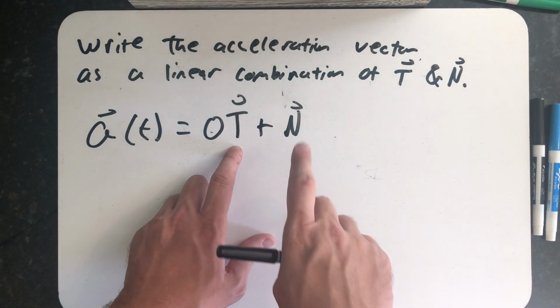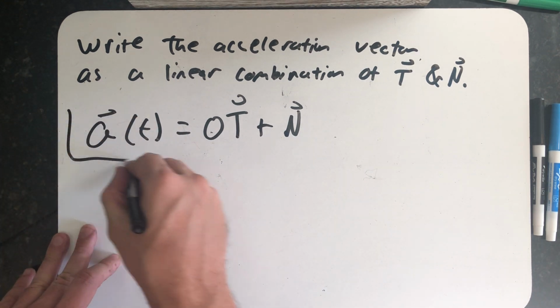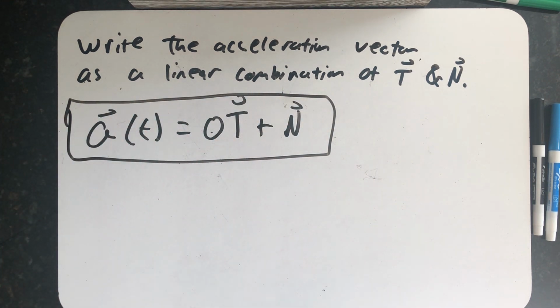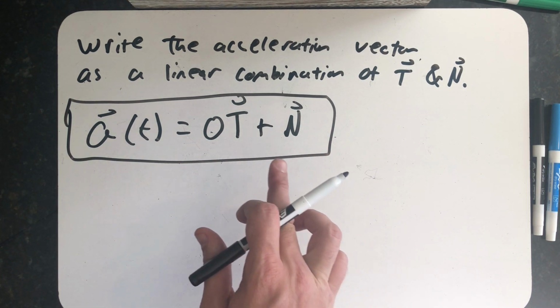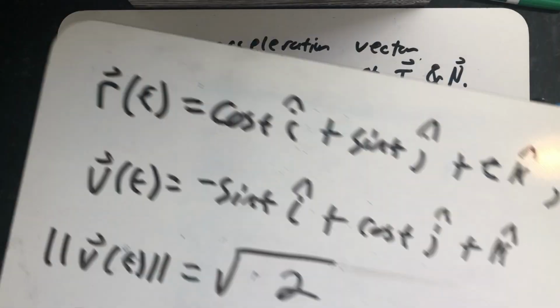I don't need to calculate big T or big N. This is exactly what those instructions mean. One cool thing is if you go through and calculate big T and big N and plug them in and distribute and combine everything, you're just going to get back to the original acceleration vector.